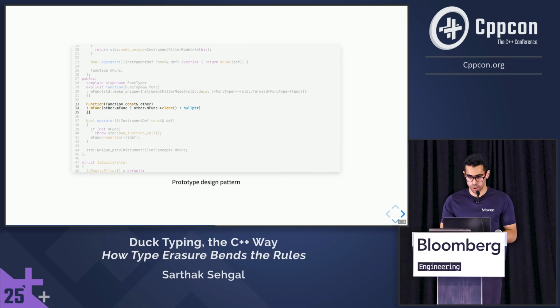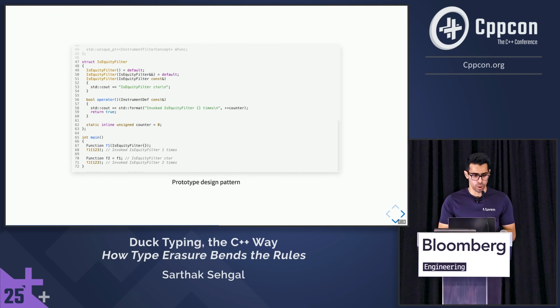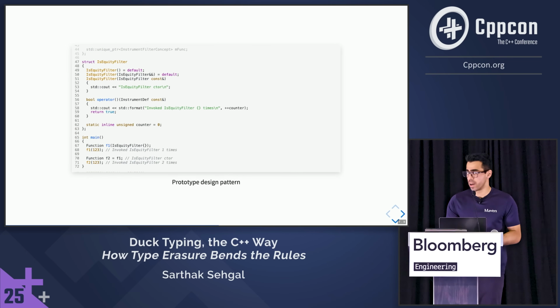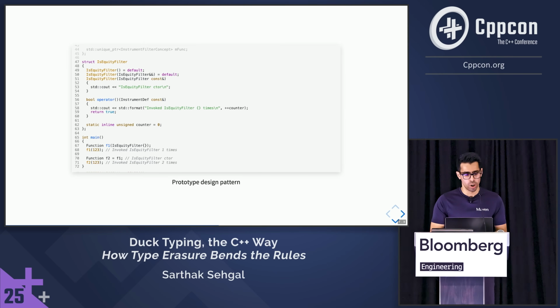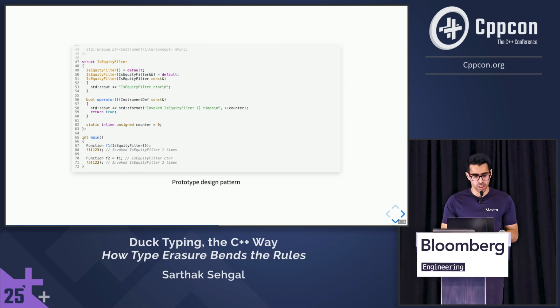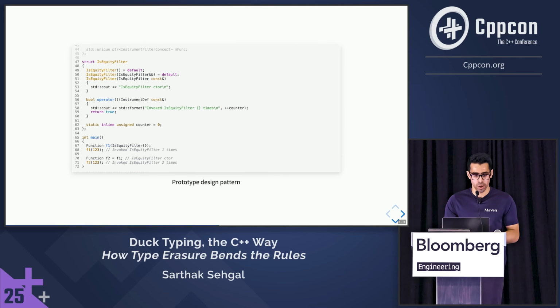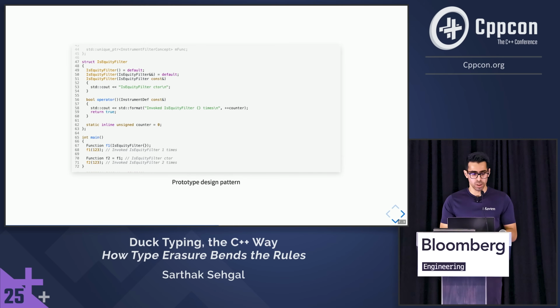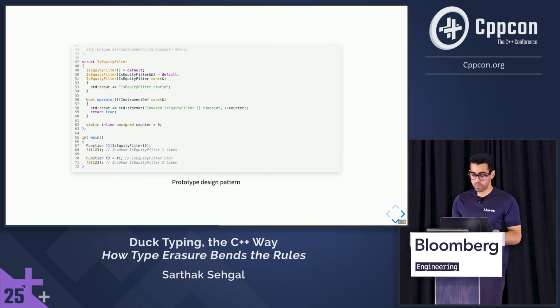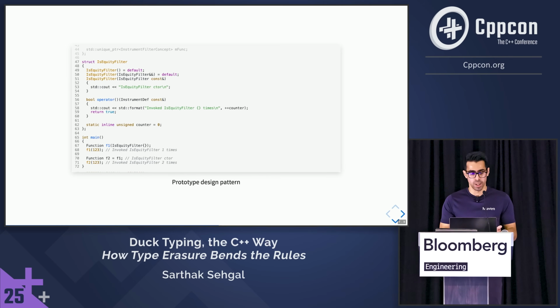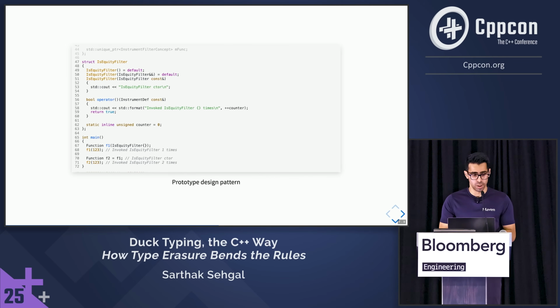That's just one detail to know. And that's it. So in this example, I have an isEquity filter class which implements the function call operator. And you can see that when I create an object f1 and invoke it, it says it's invoked 1 time. Then I copy it. It's going to print the isEquity filter copy ctor.